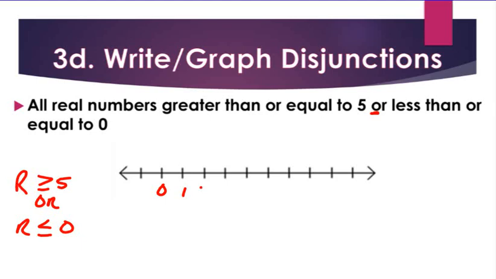So I have 0, 1, 2, 3, 4, 5. We have a filled in circle because we're using the equal to part with this comparison symbol. So a filled in circle on 0 and 5. Gotta be less than or equal to 0, or greater than or equal to 5. Go in opposite directions.